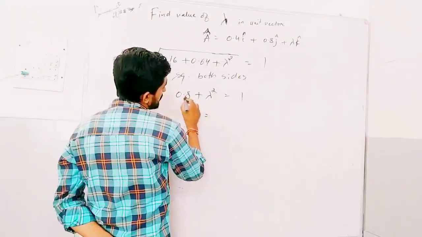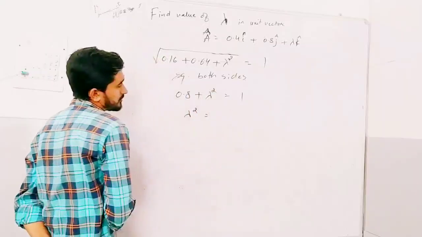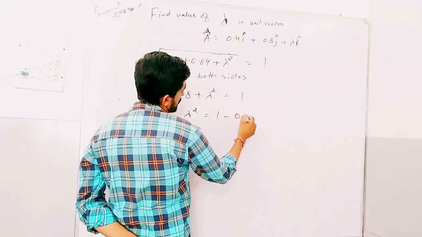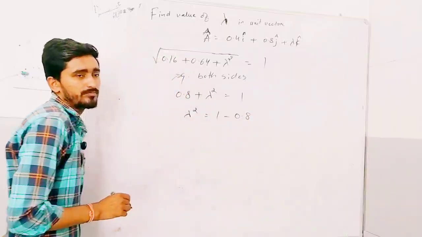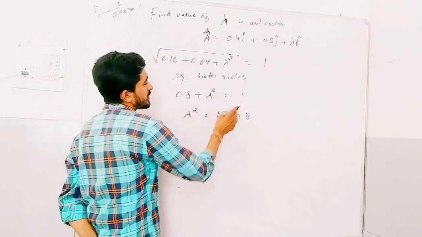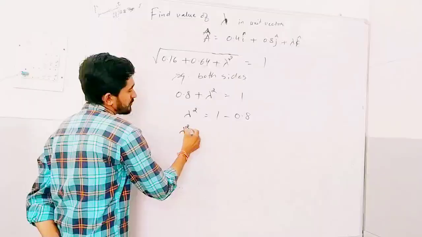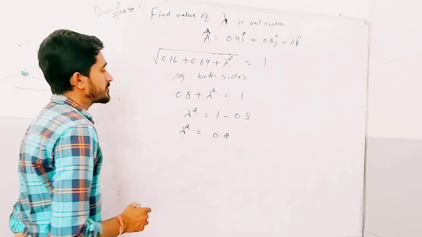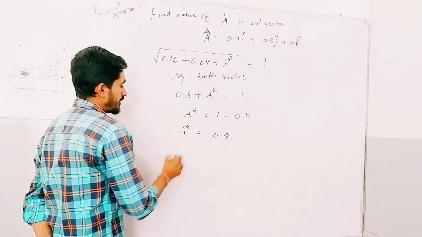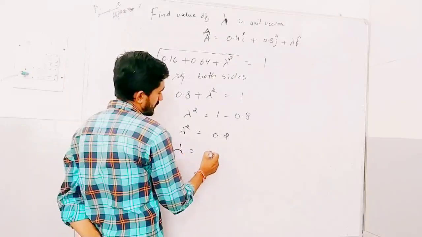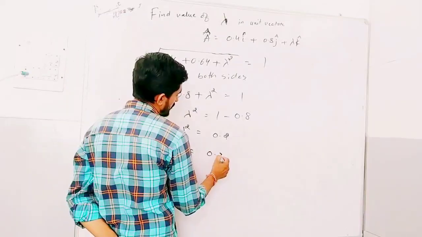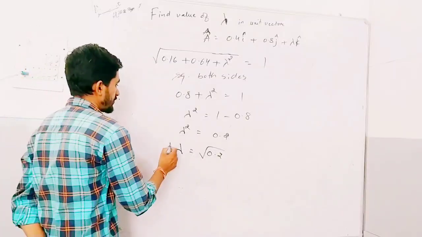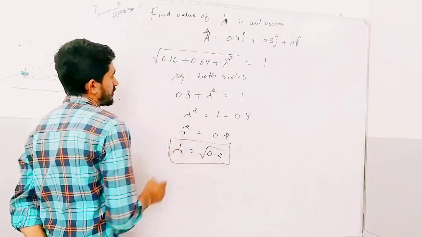Then lambda square is equal to, transform this in this way, 0.8 minus 0.8. This becomes negative on the right hand side. Then lambda square becomes 0.2, and lambda will be 0.2 under root. This is the value of lambda, 0.2 under root.